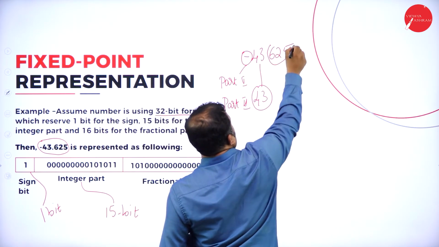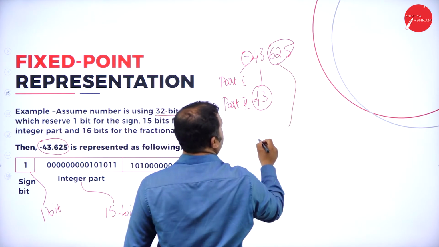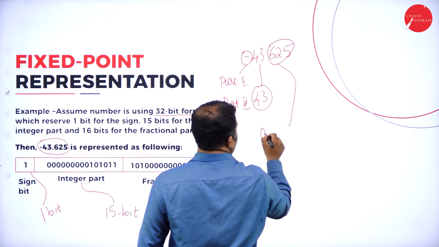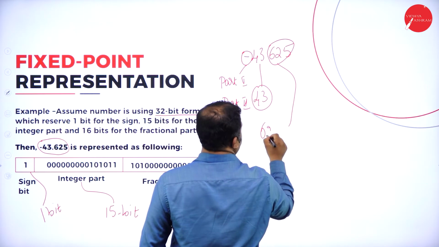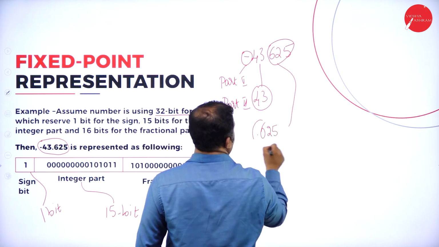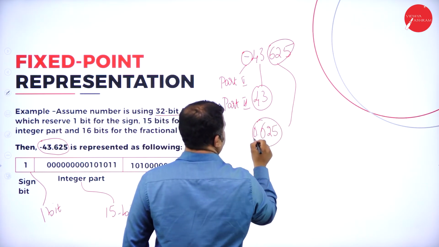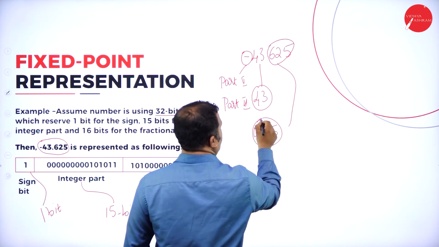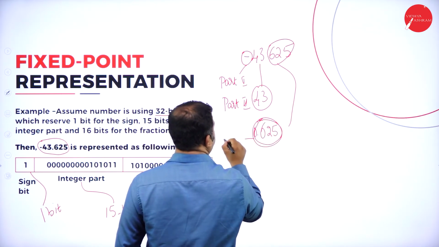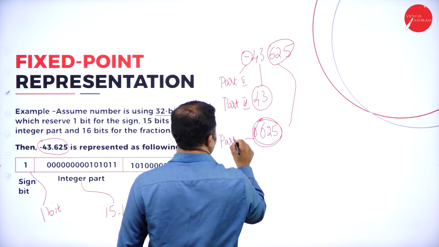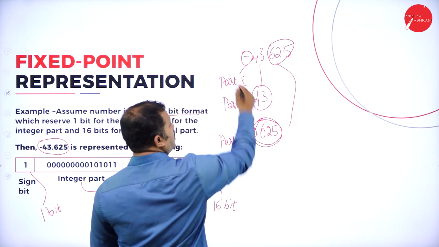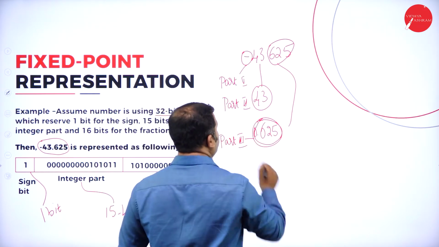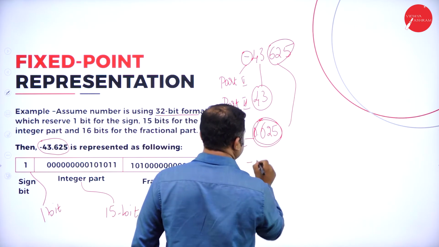Then I have the fractional part, 0.625, which I will represent in this format. So 0.625 is called part 3. So the number can be represented in the form of this, that is minus 43.625.